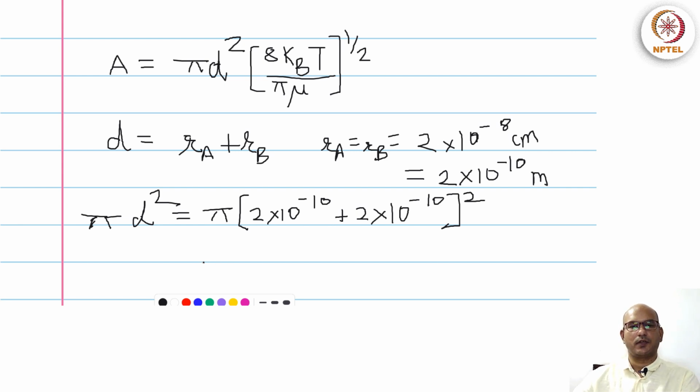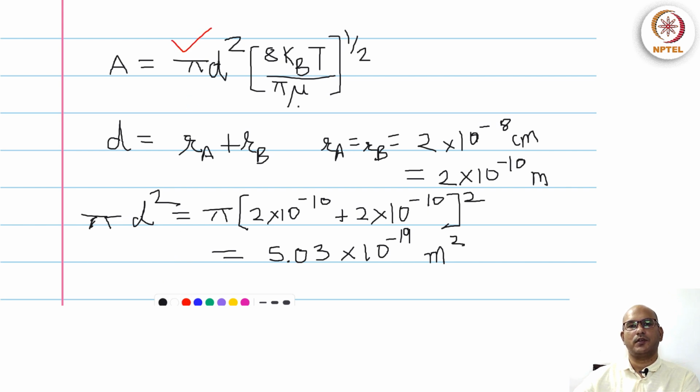This comes out as 5.03 into 10 to the power minus 19 meter square. So now we have our pi d square.